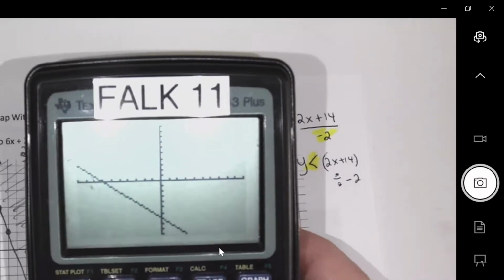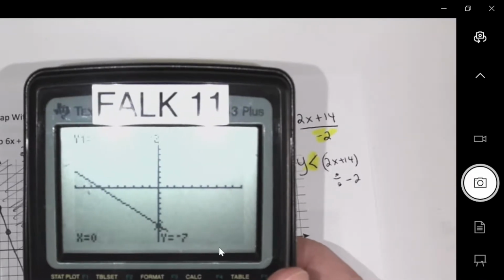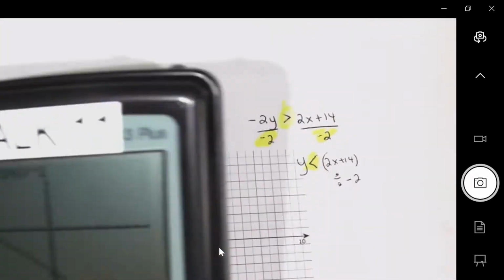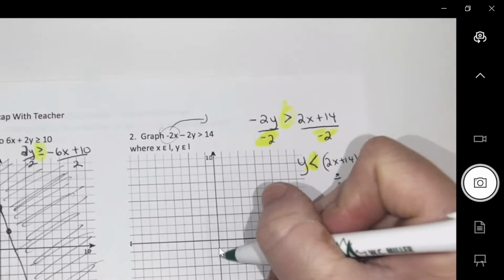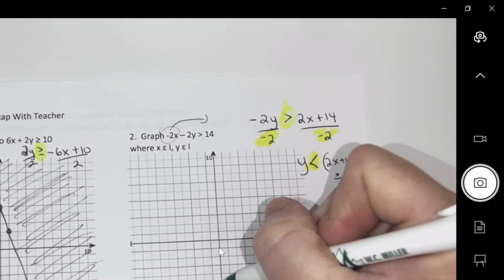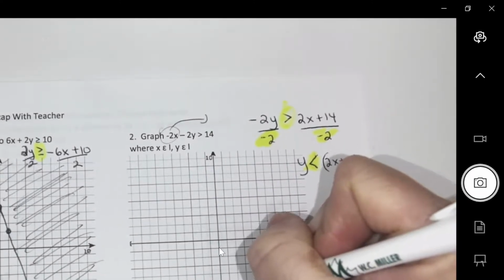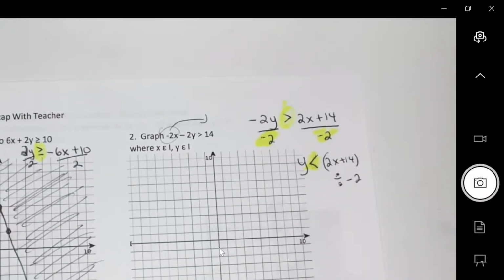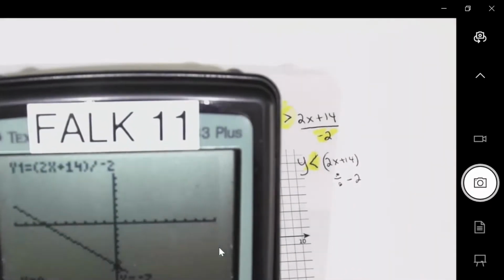Looks good. I'm going to go trace 0, enter. 0, negative 7. Okay, you can pick any other point.